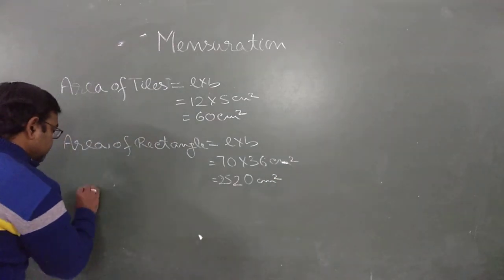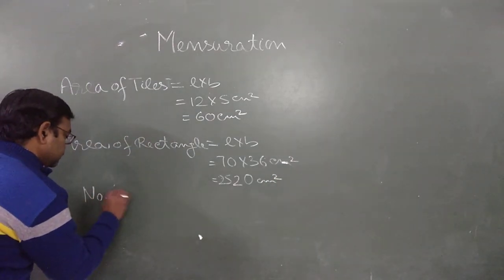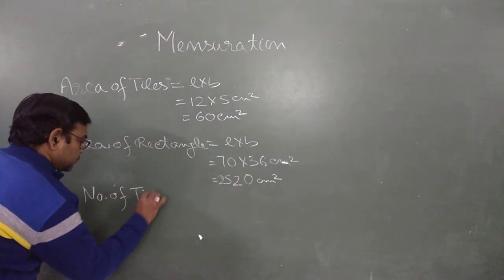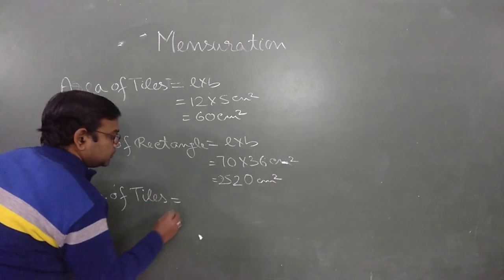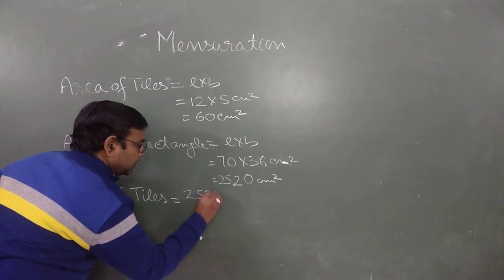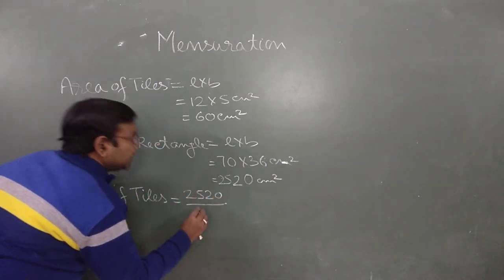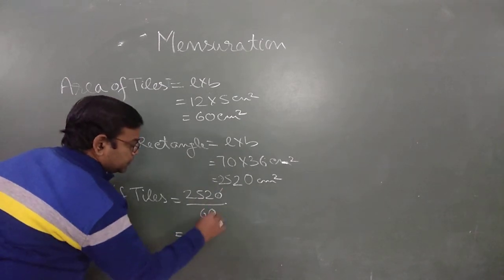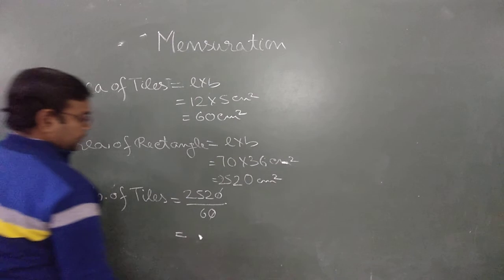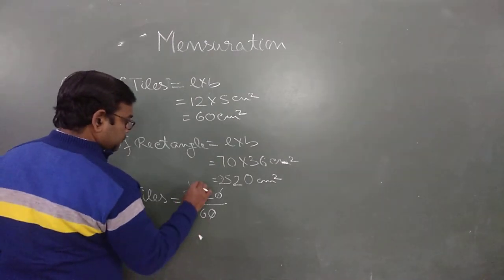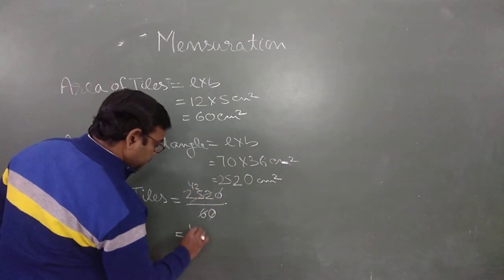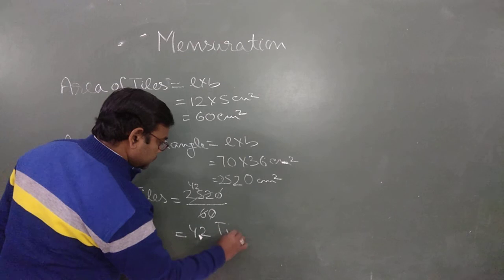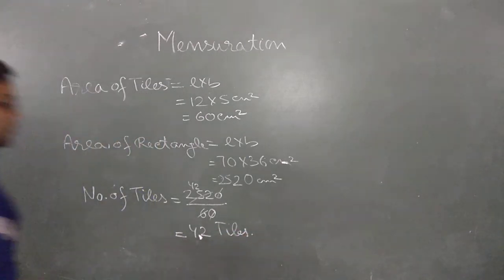Number of tiles equals, we divide the area of the rectangular region by the area of a tile. When you try to solve it, the 0 and 0 cancel each other. It's 42 tiles. Clear? This is the process. Move to the next question.